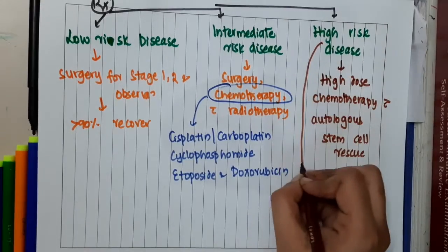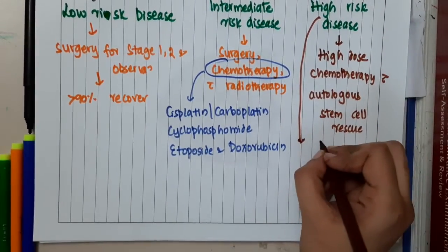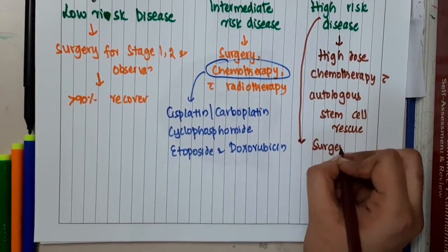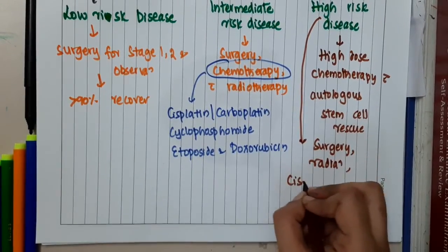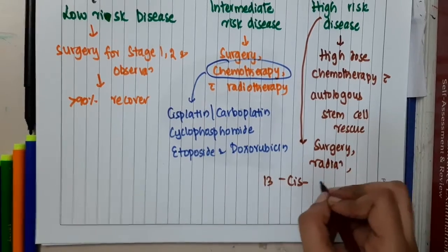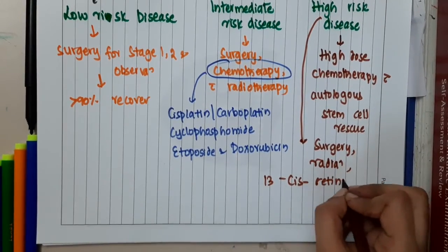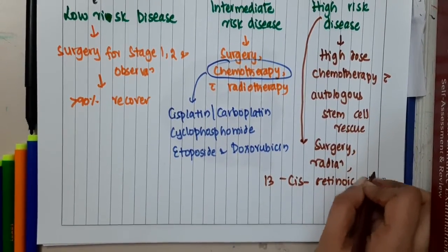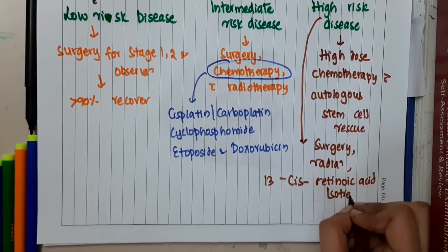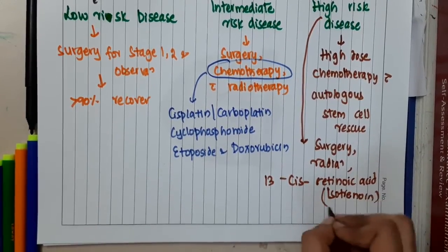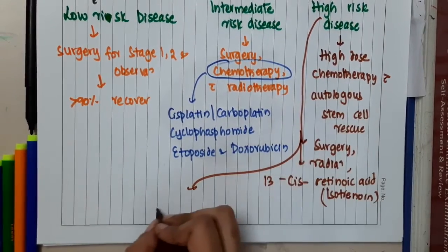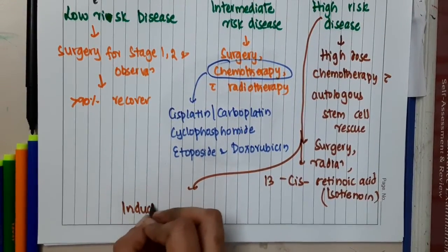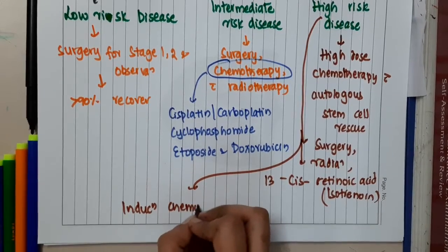You do surgery, and then radiation, and you give 13-cis-retinoic acid, that is, isotretinoin. In this high risk disease you can also do induction chemotherapy.